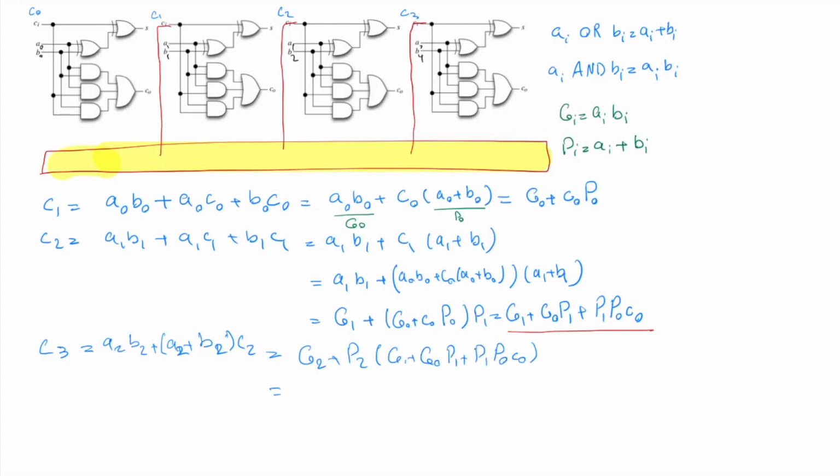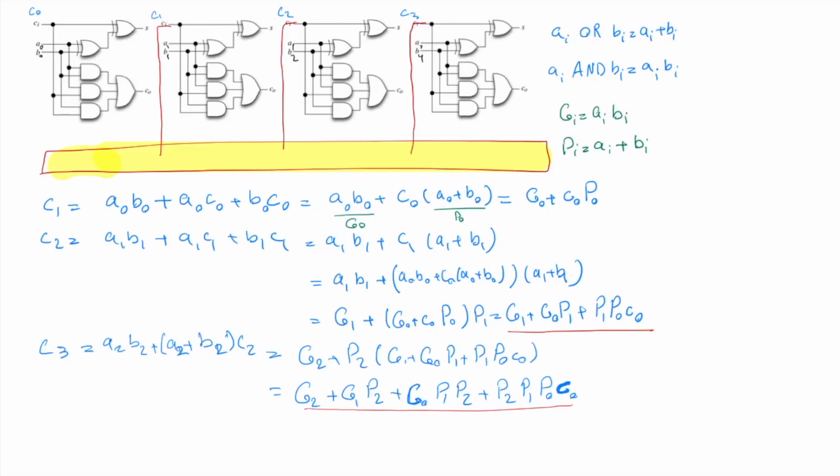And if I take that P2 inside and multiply it by everything, I'll get G2 plus G1 P2 plus G0 P1 P2 plus P2 P1 P0 C0. Again, this equation is long, but you can compute all of this right after you have computed all these quantities. So you don't have to wait for C2 to get C3.